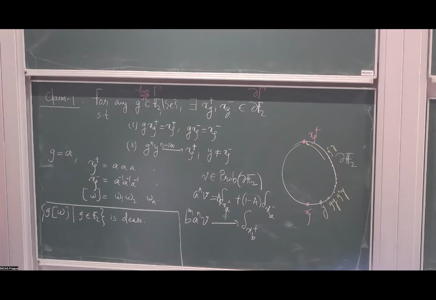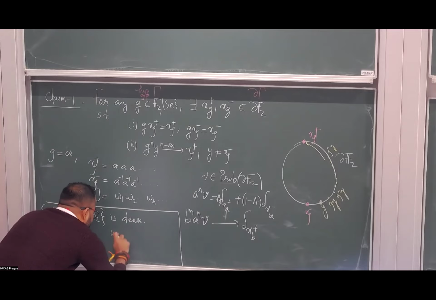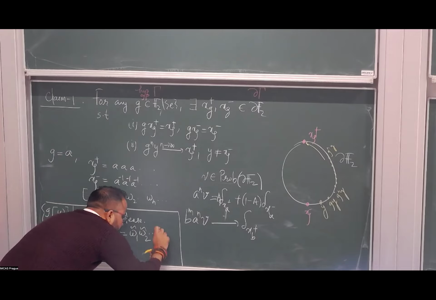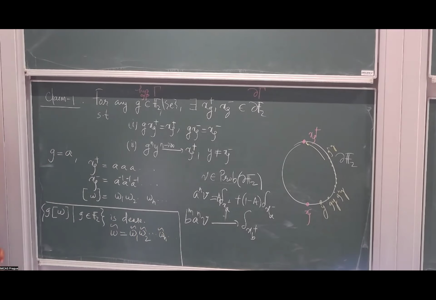So now you pick an arbitrary W tilde. I have to show that I can get very, very close to this by an element of G, right?